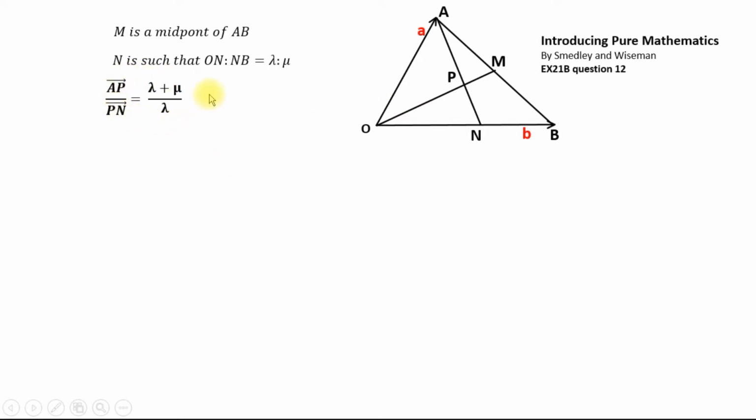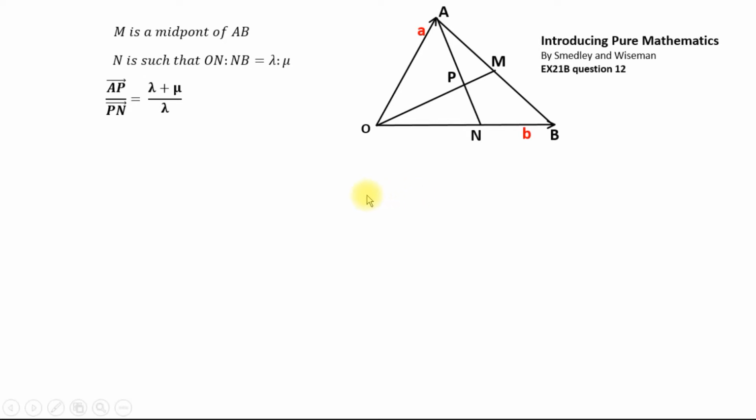The first part asks us to show that the ratio of AP to PN is this expression here, lambda plus mu over lambda. The second part is similar, where they ask us to show that the ratio of OP to PM is something. Now, I haven't done the second part because once you see how the first part is done, the second part is easily calculated.